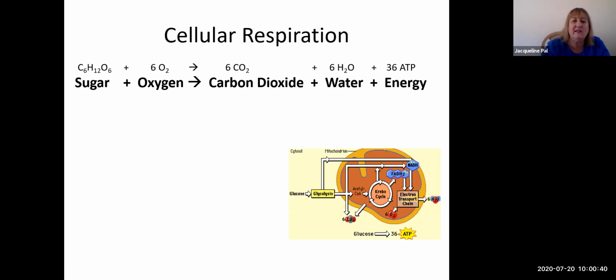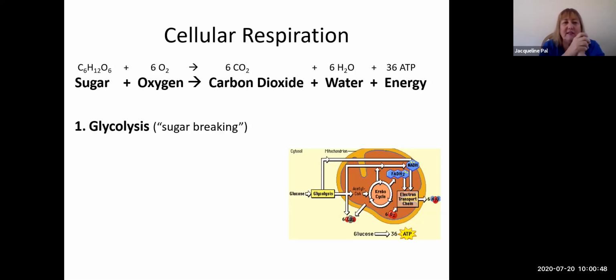Okay. So in cellular respiration, there are 3 big steps. The first step is called glycolysis. Glyco for glycogen, glucose, sugar. Lysis still means to cut something up. So glycolysis, sugar breaking.